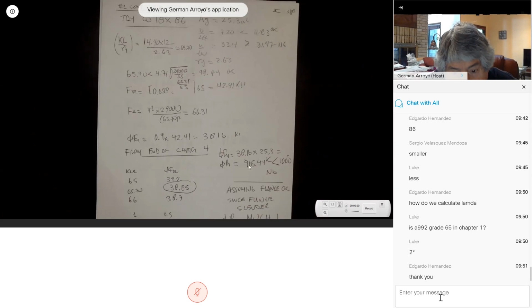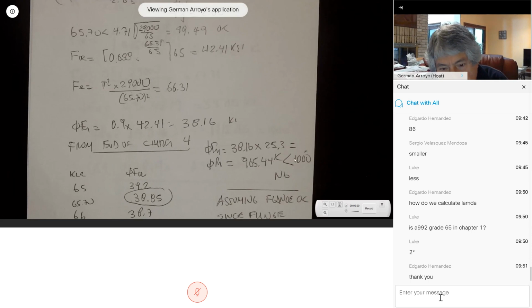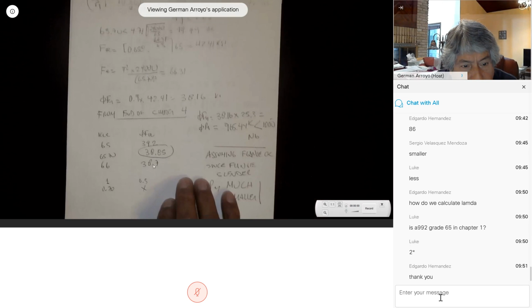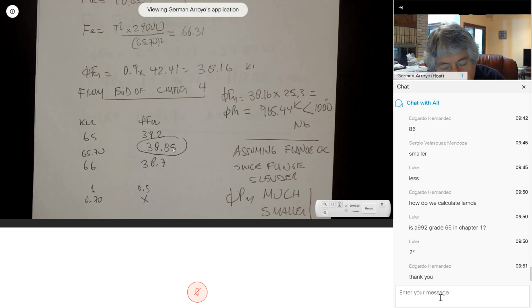And it came out no good. So if I would have computed the critical stress based on the problem with the web, it would have been even smaller. Either way, it doesn't work. And I also wanted to show you below here that to compute the critical stress, we can use the end of chapter 4 because it's good between 5 and 7. Any question?